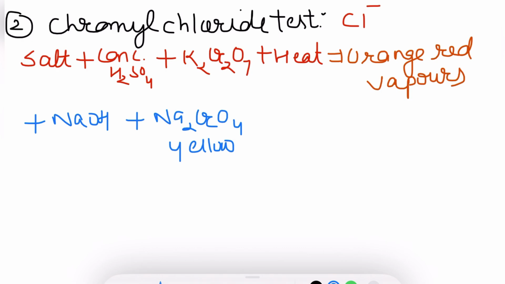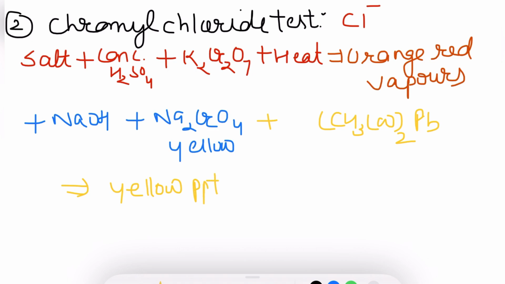This sodium chromate on reaction with lead acetate produces a yellow precipitate. Sodium salts are water soluble, so a coloration is there, and lead salts are water insoluble, so a yellow precipitate of lead chromate is obtained here.